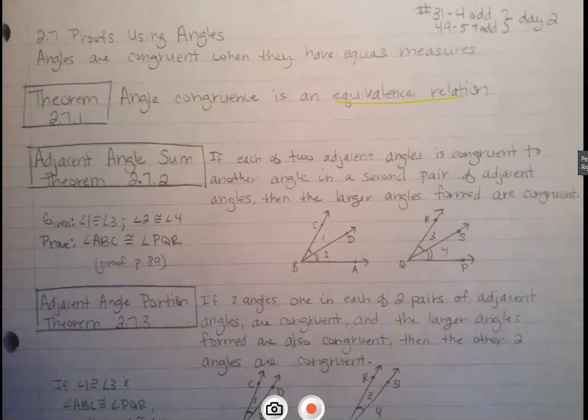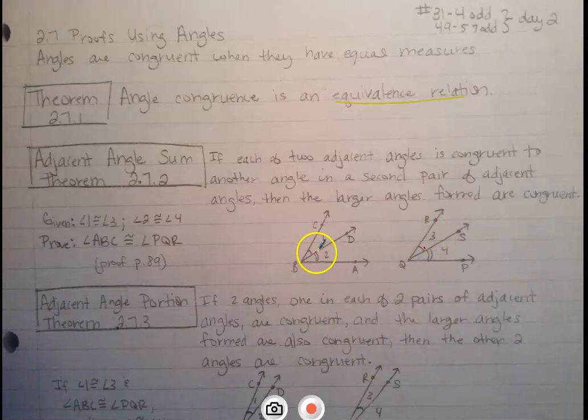Then we have another theorem, the adjacent angle theorem. If each of two adjacent angles is congruent to another angle in a second pair of adjacent angles, then the larger angles formed are congruent. Here is a diagram. Angle 3 and angle 1 are congruent to each other, you can see that by the little half moon.